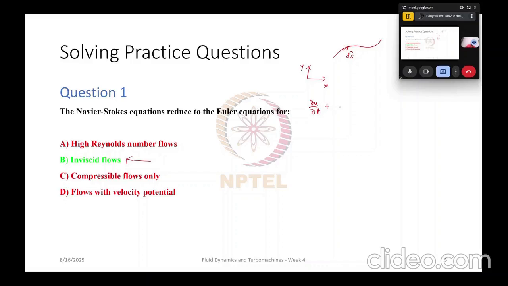Then we have the convective term, which can be written as u del u by del s, where s is the streamwise direction, this being equal to minus the gradient of p plus the viscous term.